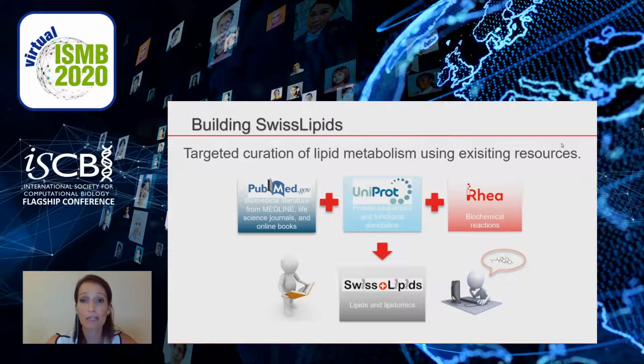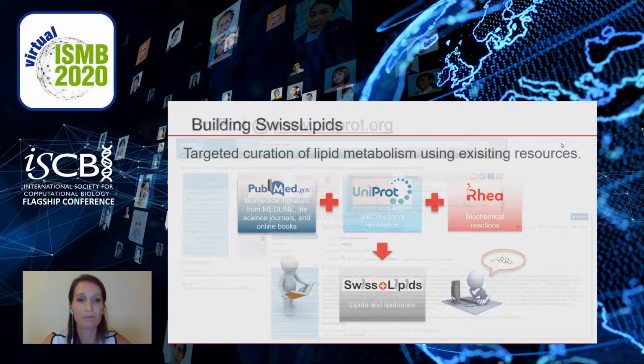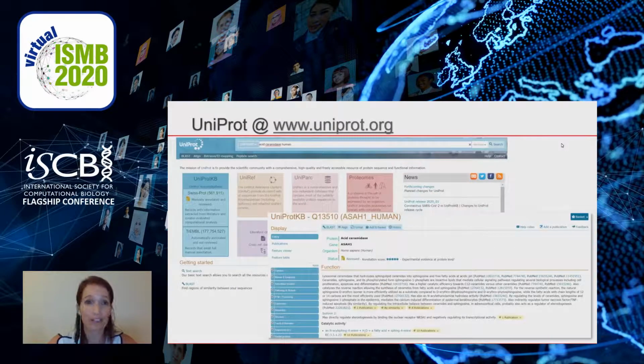Both UniProt and Rhea are developed in our group, and they are generalist resources. So in order to make it specific for lipids, we created SwissLipids. UniProt is freely available and found at uniprot.org. It has over 500,000 proteins annotated, and you can find from the sequences to the function, the variants, all types of information.